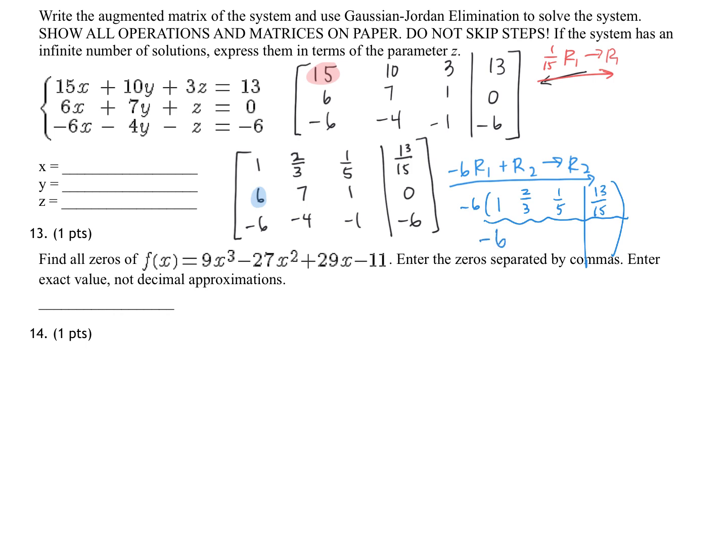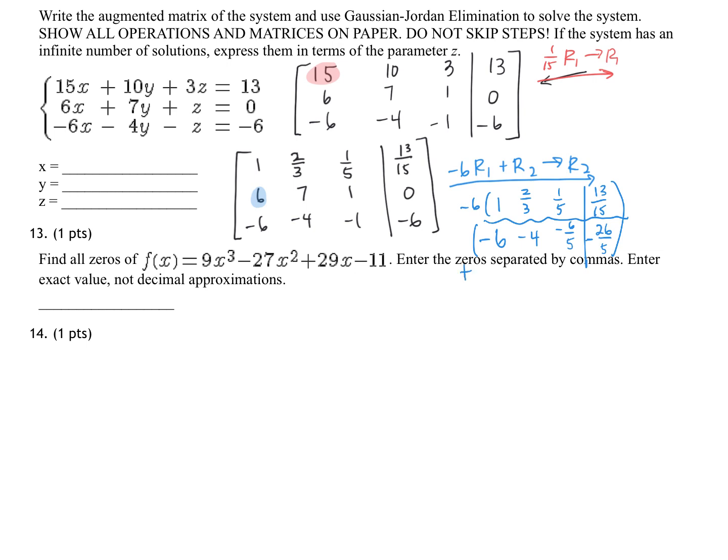We're going to get negative 6, negative 4, negative 6/5, and the last one should be a negative. The denominator will be 5 and the top will be 26, I believe, negative 26. Okay, so that's what we get when we multiply by negative 6.